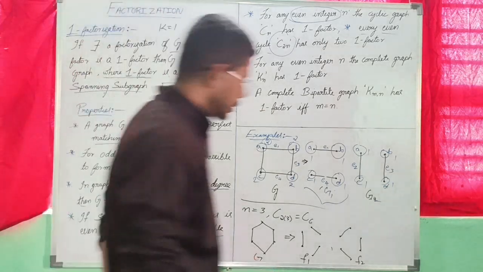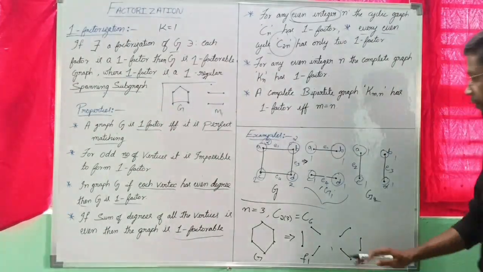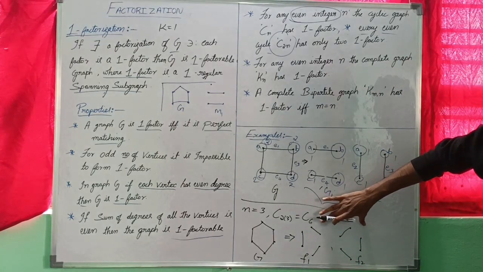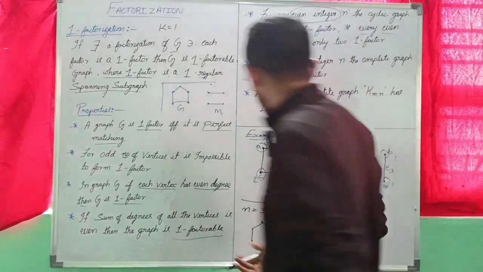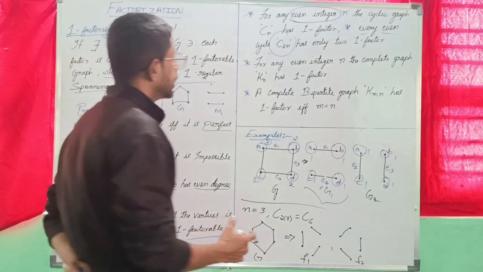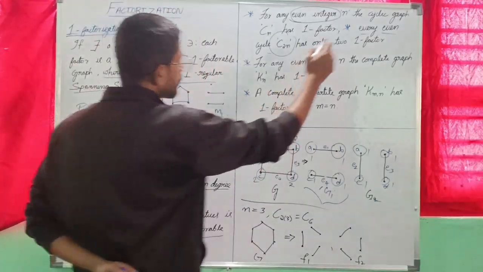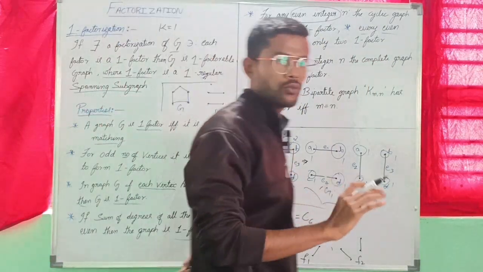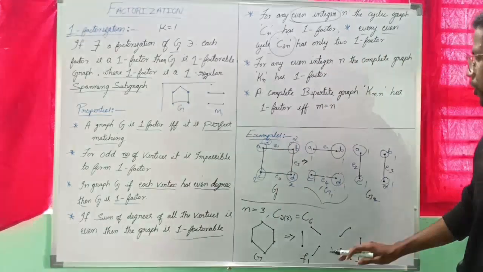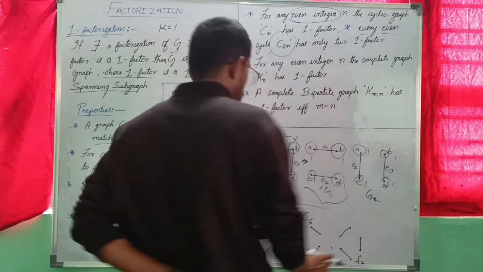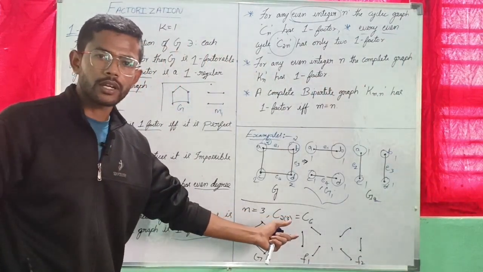So when we decompose this graph G, we get only two factors. Can we draw any other factor here? We can't, because as per the property, every even cycle C2n has only two factors. You can try to draw another factor for this C6.